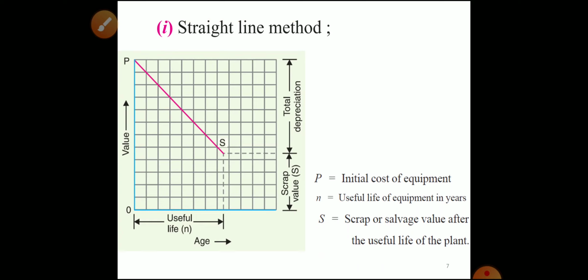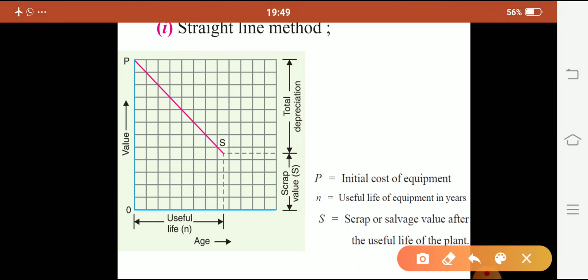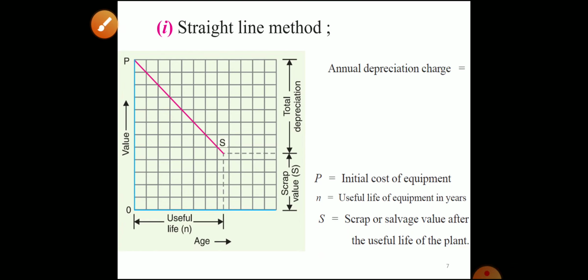I will get back to the same example of the motorcycle: if you sell that motorcycle after 15 years you will get 5,000, so that 5,000 is nothing but the salvage value or the scrap value. So here we have considered S as the scrap value. The initial value of the equipment is P rupees and salvage value or scrap value is S. Next, the annual depreciation charge means per year how much is the depreciation.